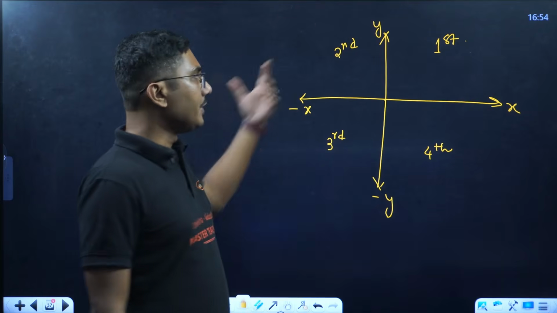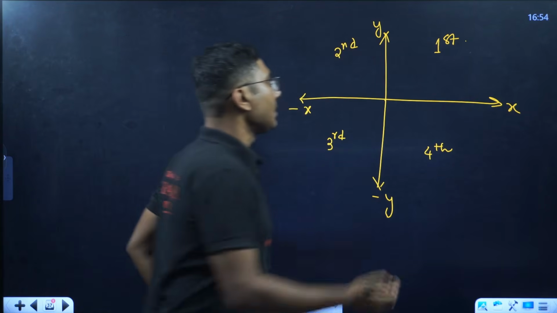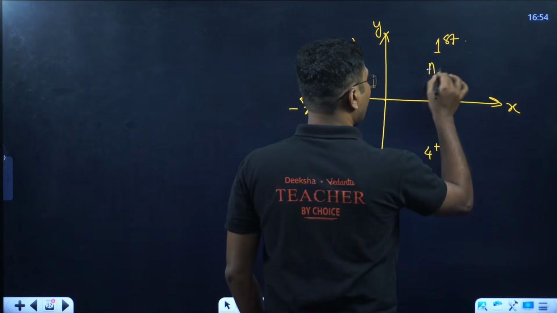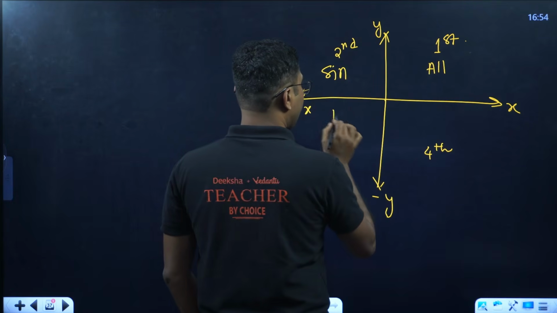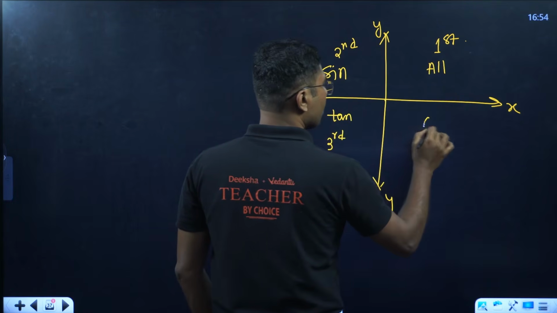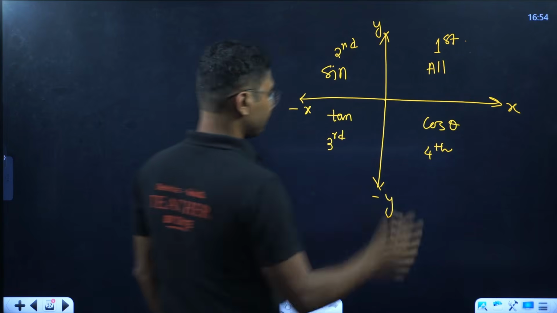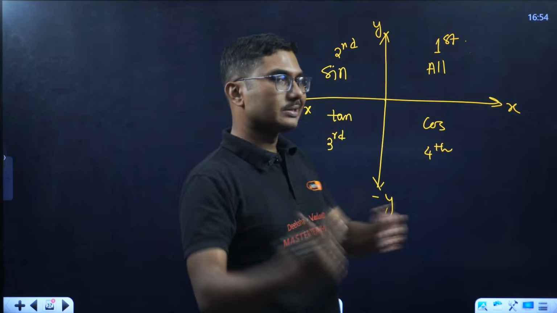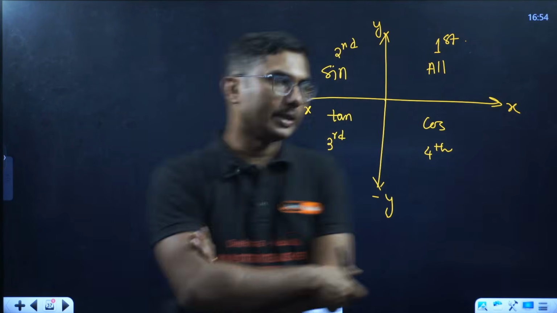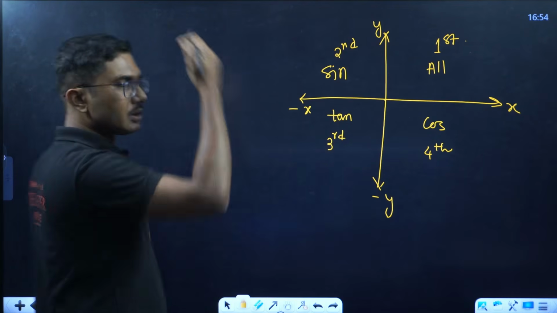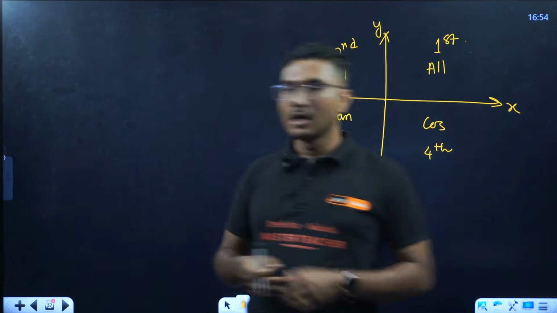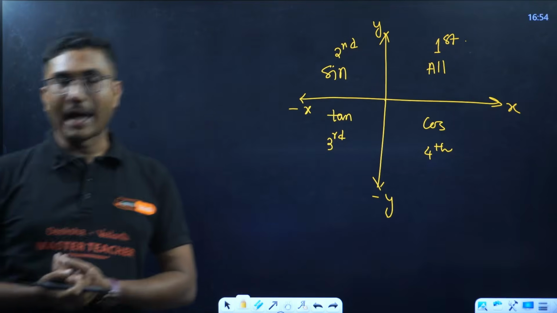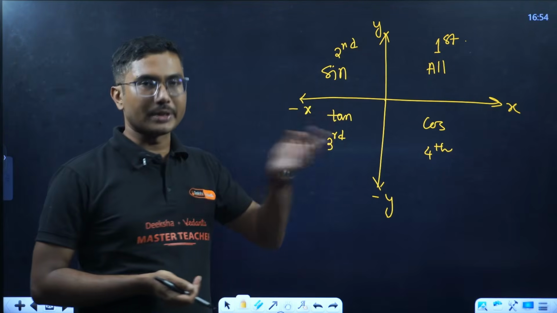Here you have to remember one very simple thing: all sine tan cos. All the angles that you measure, the standard table has 0, 30, 45, 60 and 90. Along with that I like to add 2 more angles, 37 and 53.